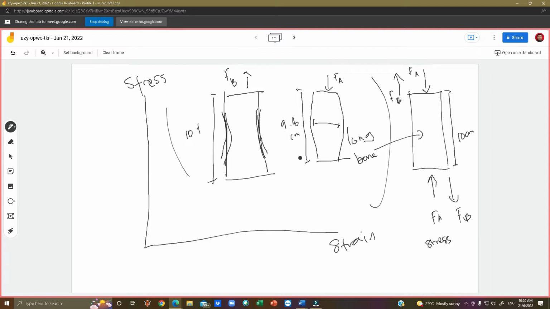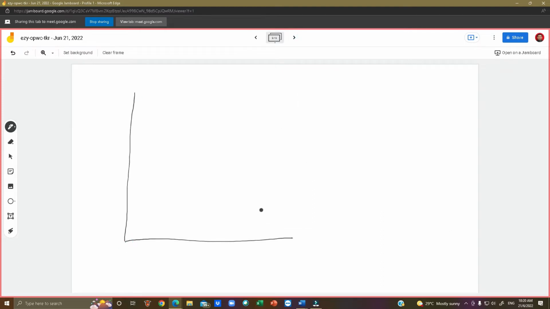So if we visualize stress and strain in our body, the interrelation between these two is actually linear. You increase stress at one point, you are going to get strain at another. You increase strain at one point, you are going to increase stress at another place. Ini adalah apa yang terjadi dekat dalam badan kita setiap masa.